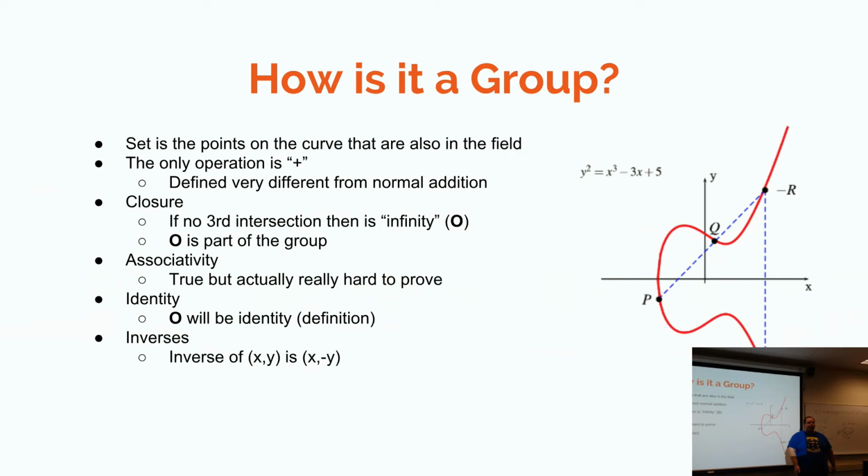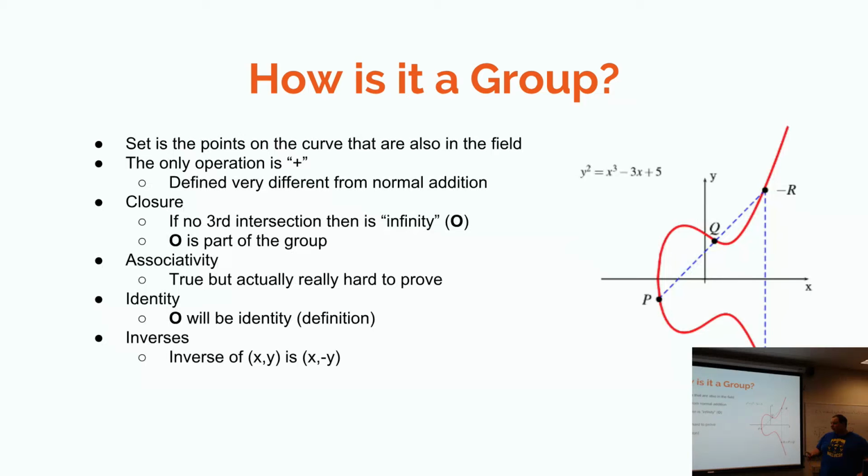If you draw a line through them, you're going to go up, and you're never going to intersect the curve. To solve that, we'll just call that infinity. That's fine. And we denote it with an O because math needs to be harder. So O is part of the group. In fact, it's the identity, which we'll see in a minute.